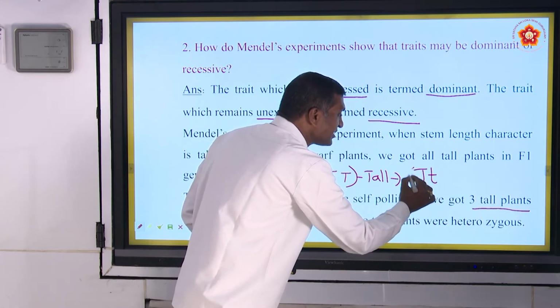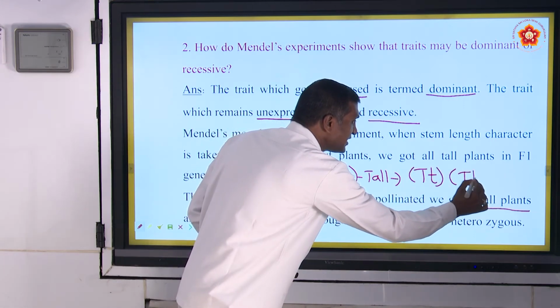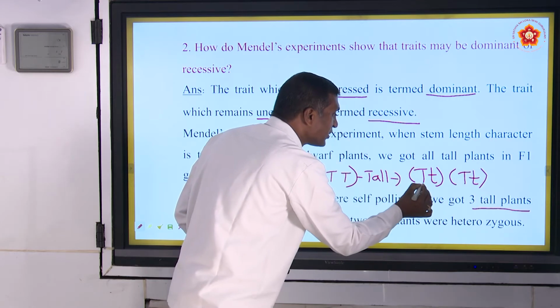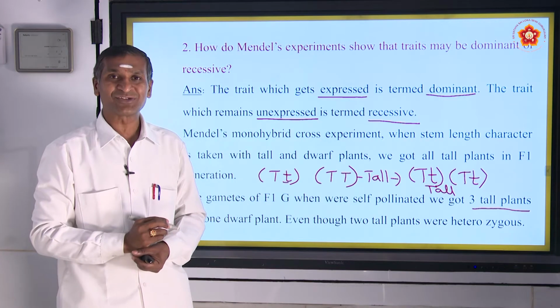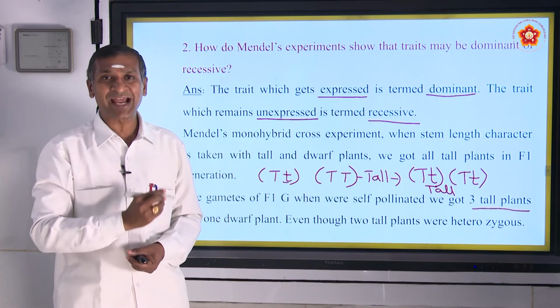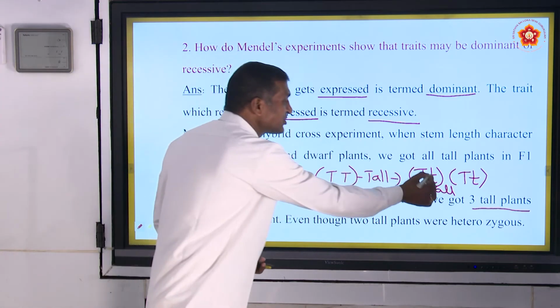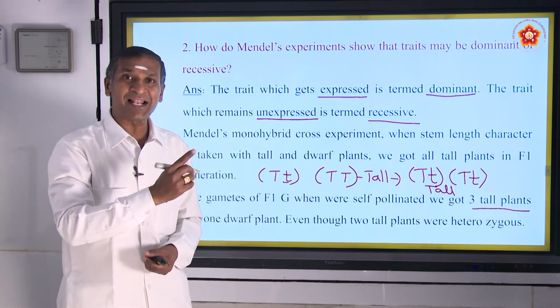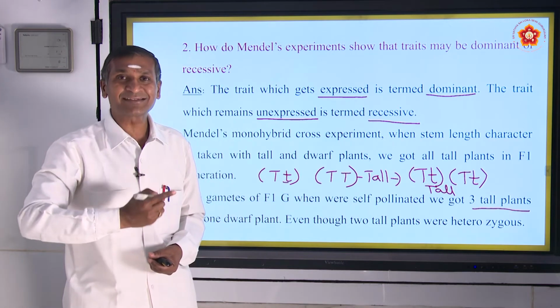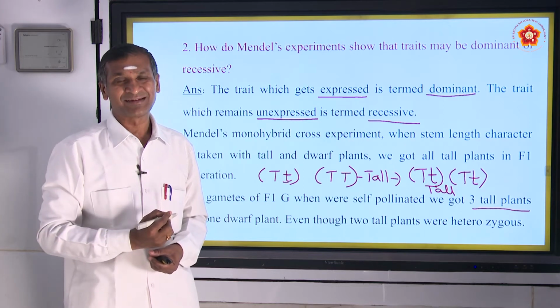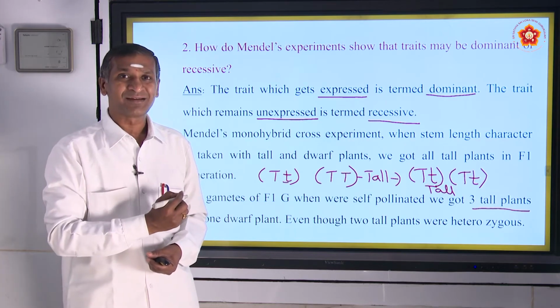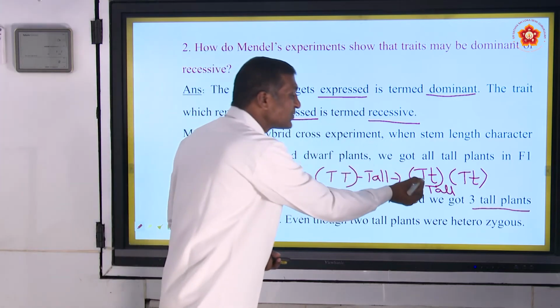Even capital T, small t, they too were tall, but the gametes were different. One was a tall gamete and the other was dwarf. Still, the character that is shown off or expressed is tall, and it is heterozygous.